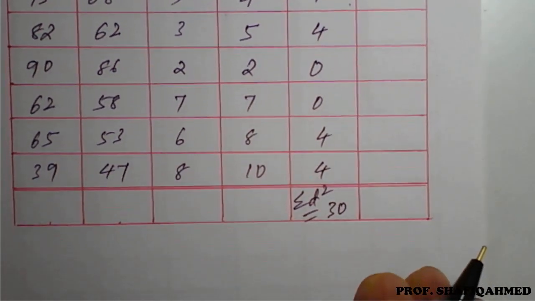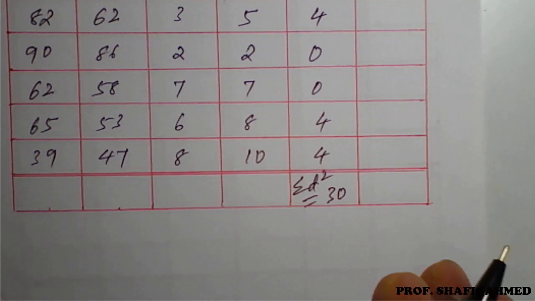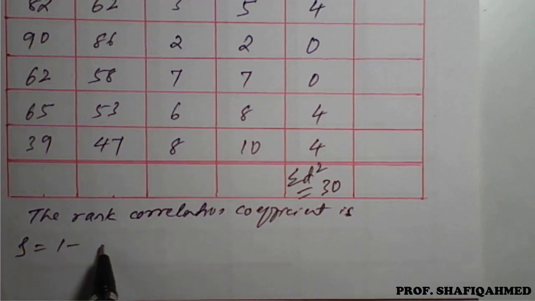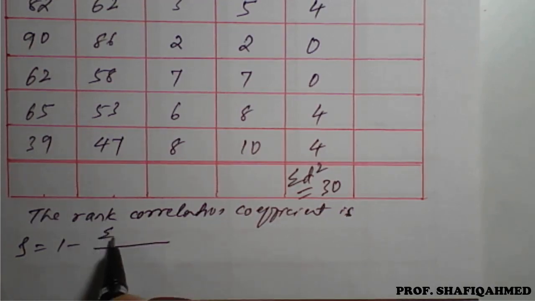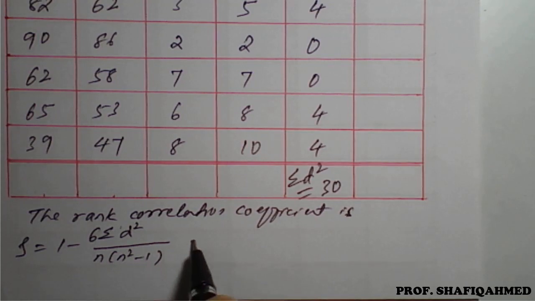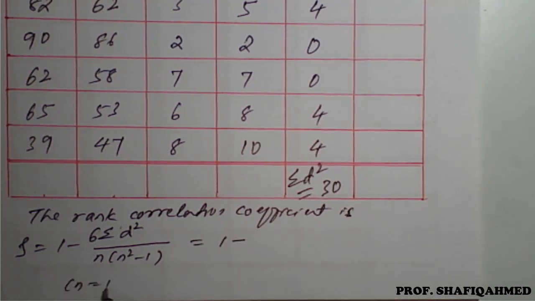So we know the formula for rank correlation. The rank correlation coefficient rho is equal to 1 minus 6 times summation of d square divided by n into (n square minus 1). Here the n value is 10.